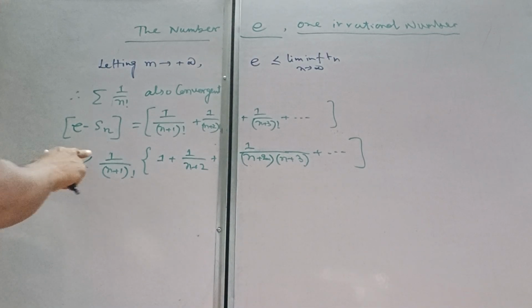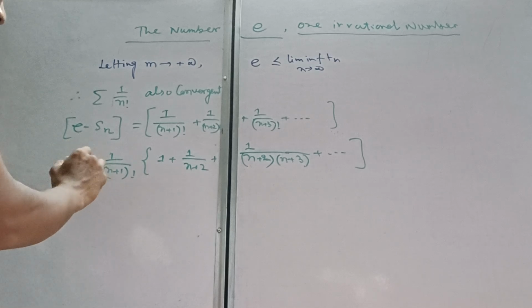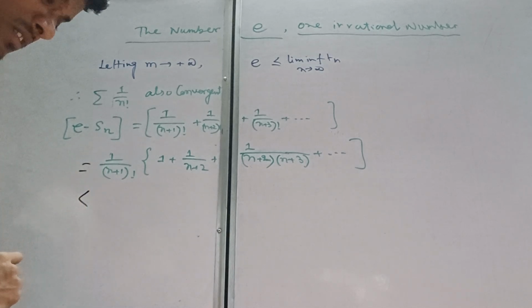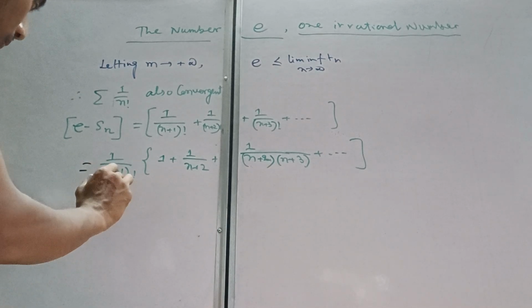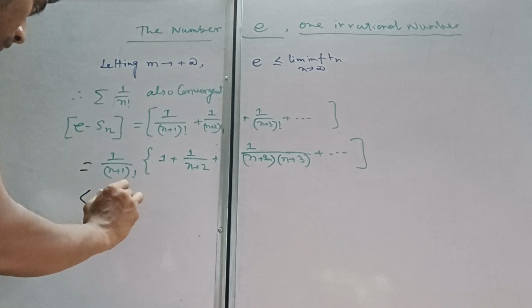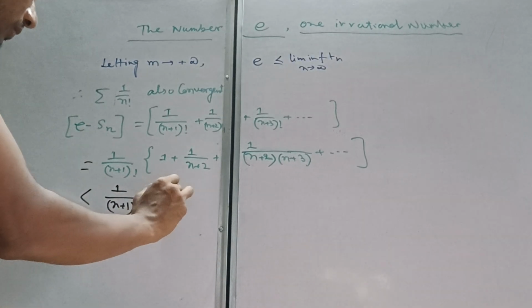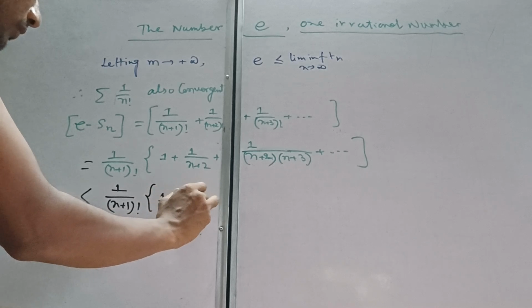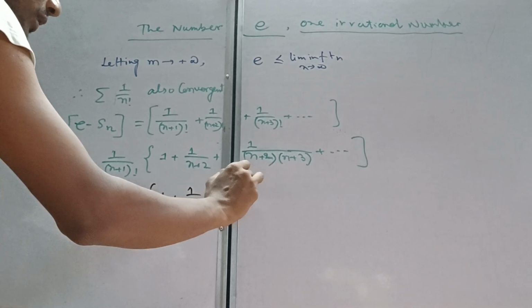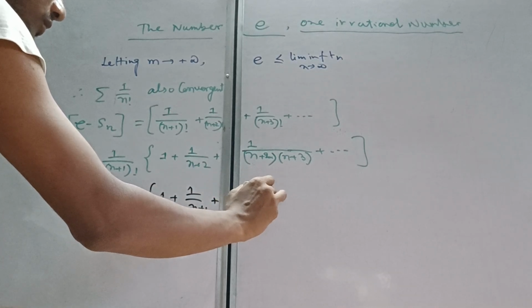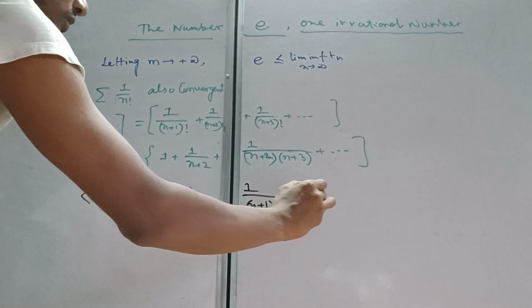This one is equal to this one and less than, what happened, 1 by (n plus 1) factorial times 1 plus 1 by (n plus 1) plus 1 by (n plus 1) whole squared plus so on.